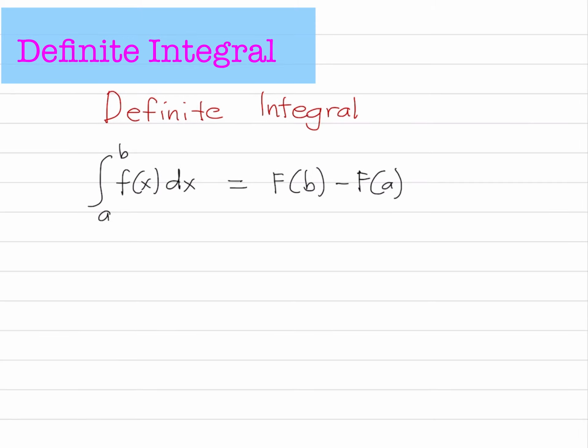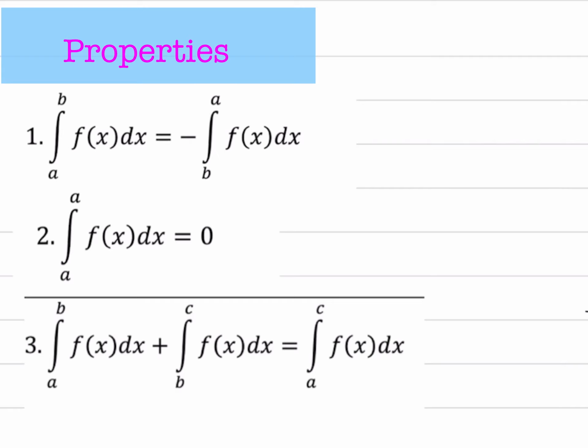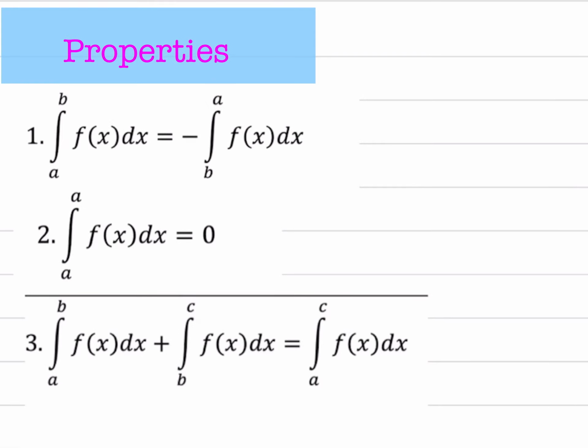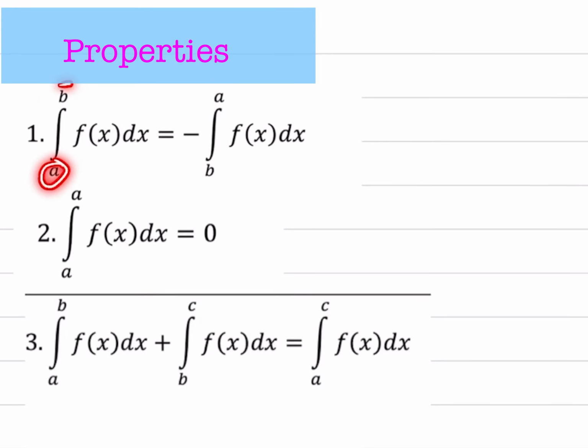So now we proceed to the different properties of integration. The first property says the integral of f of x dx evaluated from a to b is equal to the negative of the integral of f of x dx evaluated from b to a. So what happened here? We simply shifted the limits.